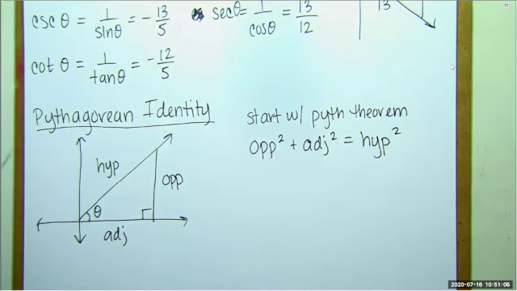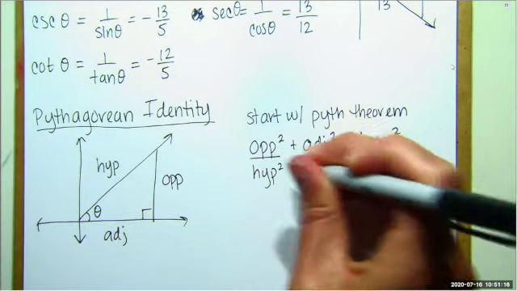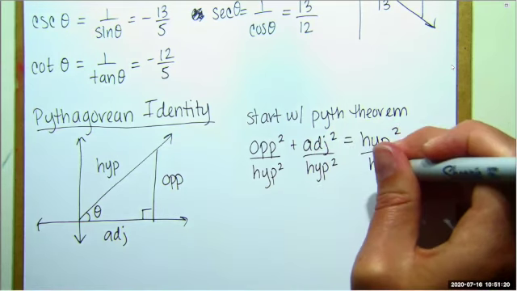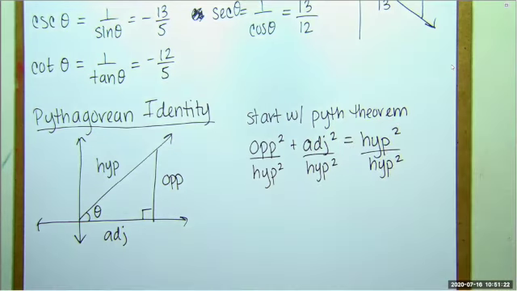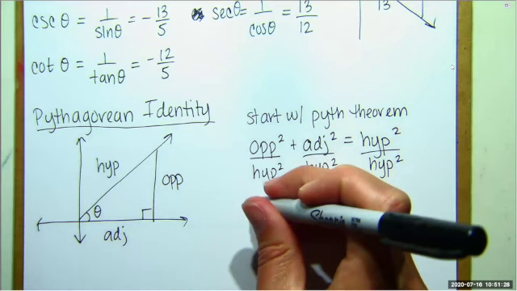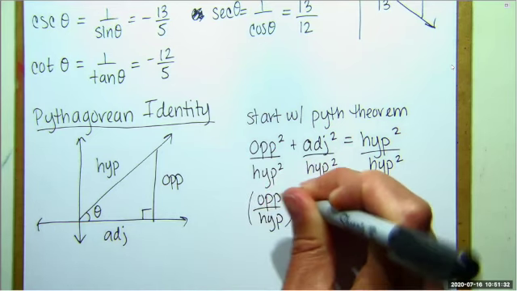Now our goal is to put this in terms of some trig expression. So our trick here, I'm going to divide both sides of the equation by hypotenuse squared, which is just some number, so we're allowed to do that. The next thing I'm going to do is pull out these squares, and rewrite this as opposite over hypotenuse squared.